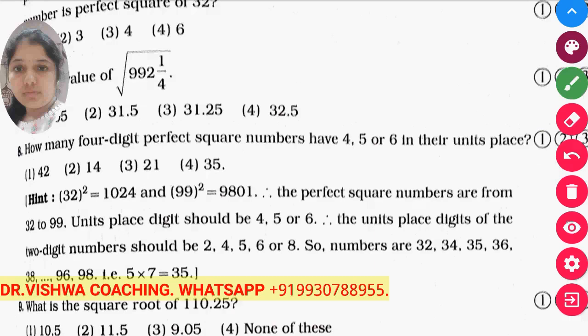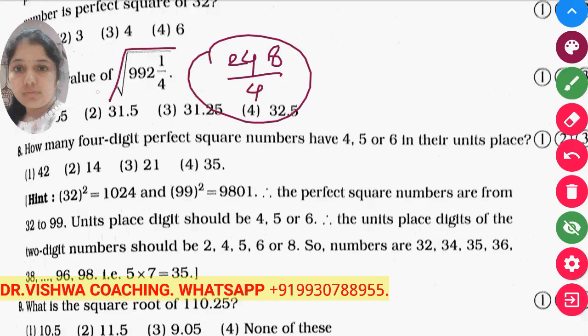So you will get the answer as 4 2s are 8, 1 will be at the base, 4 4s are 16, 3 4s are 32. Now 248 upon 4. Okay. So we have to find the square root of 248 upon 4. So you can find near to which number it will come.